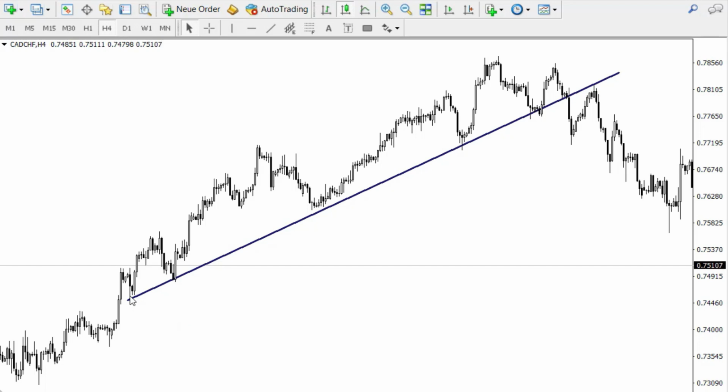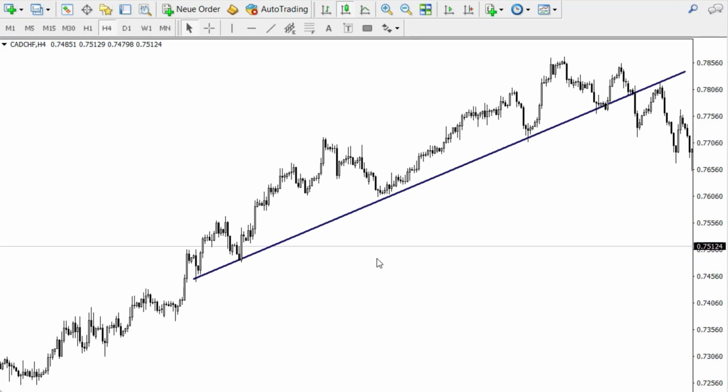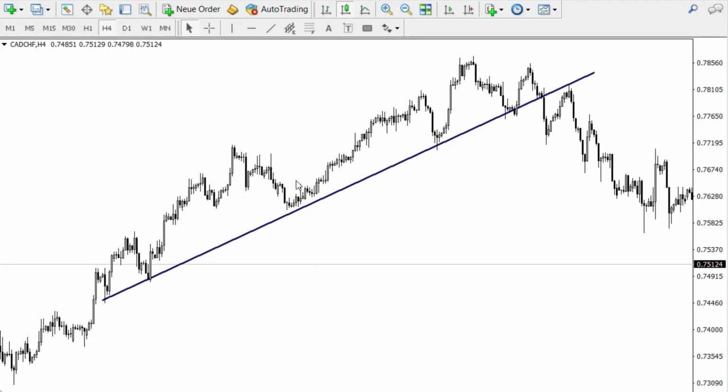And the first rule is that in an uptrend you connect the lows, in a downtrend you would connect the highs. We need 2 touch points, 2 swing lows, to start drawing a trend line, and then once we get our 3rd touch point, the trend line is confirmed, and this one has 4 and 5 touch points.